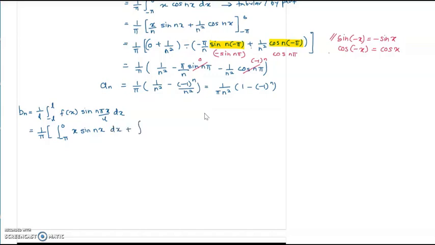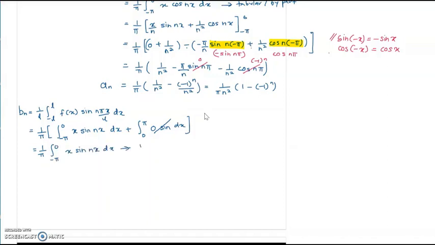And plus the integral from 0 to pi, but here f(x) is 0, so times the sine, basically we can ignore that part. So what's left is just 1 over pi integral from negative pi to 0 of x sine nx dx.